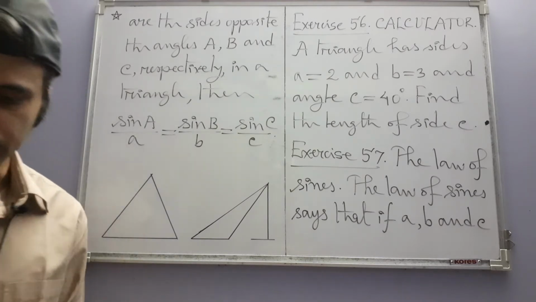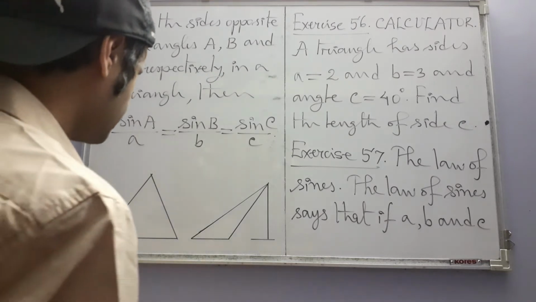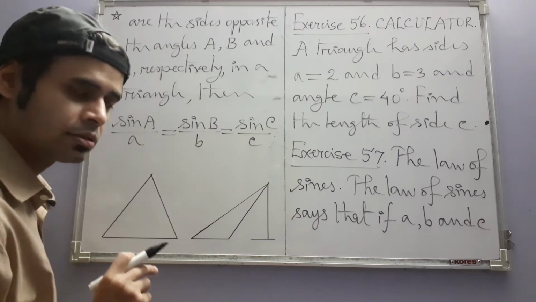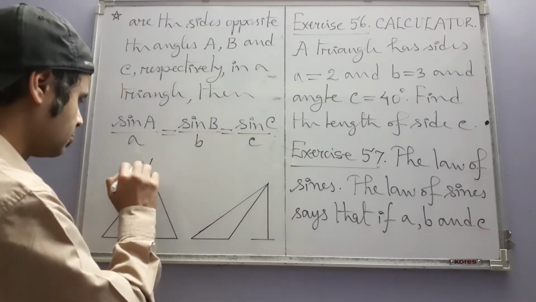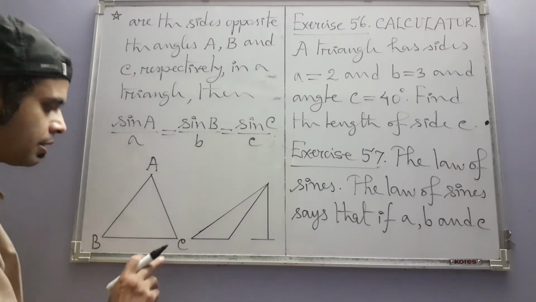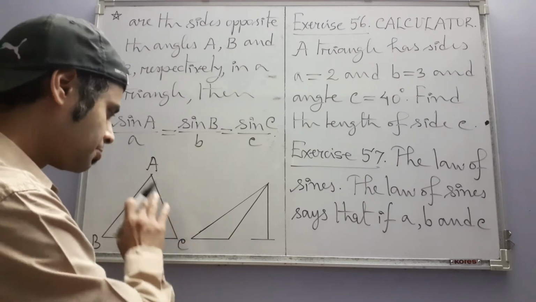Okay, so we see two triangles. One of them has all its angles acute and the other has one of the angles obtuse. So these are the vertices, and the vertices also denote the corresponding angles.